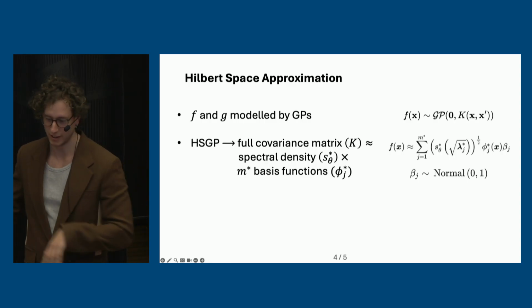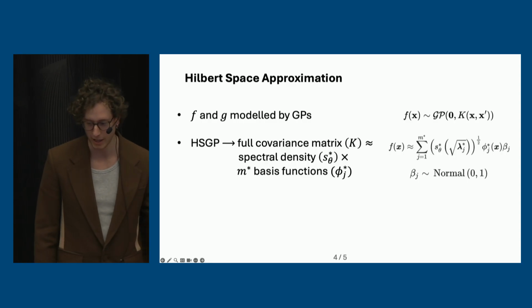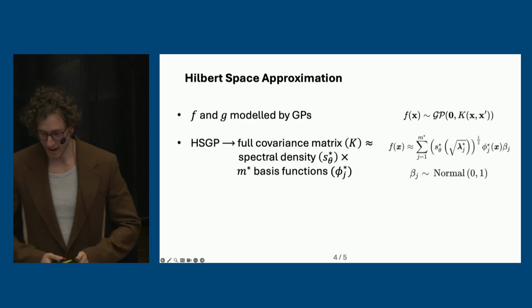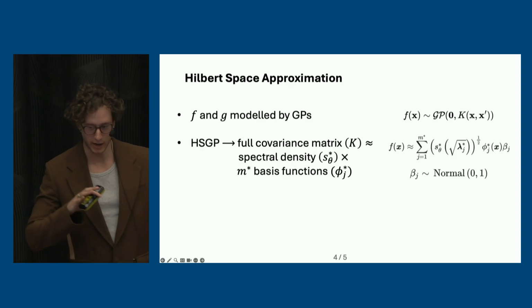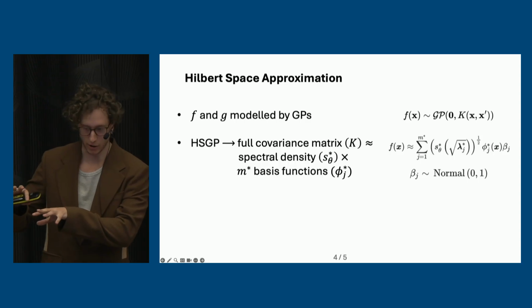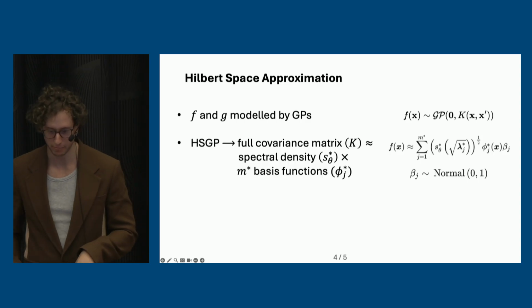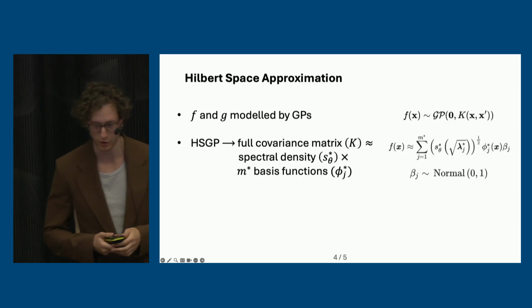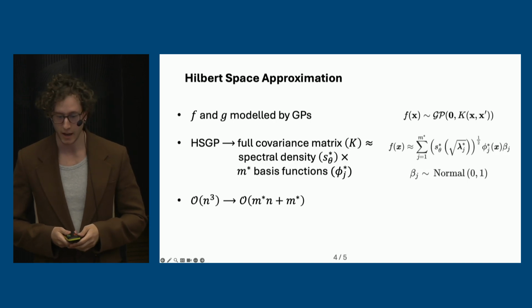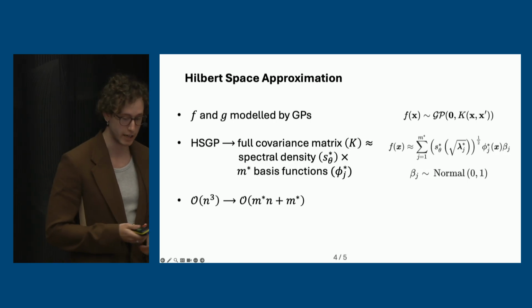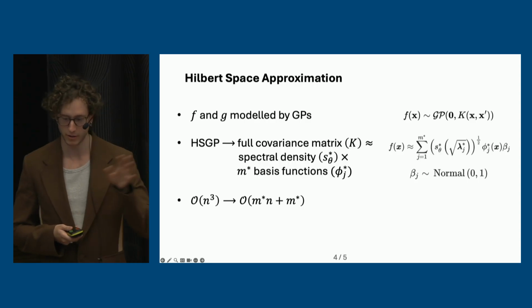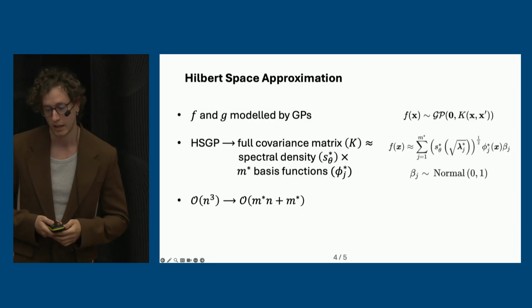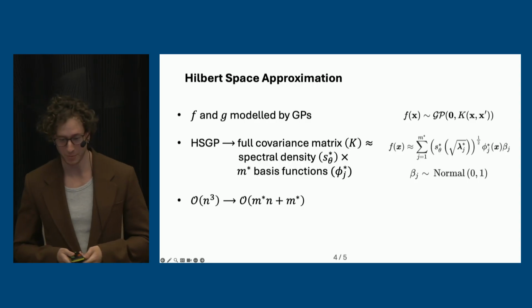There's a lot of math involved here, with Laplacian operators and eigenvalues, but basically we're approximating this full K with a much easier to calculate Hilbert space approximation. The main benefit is that instead of scaling as n cubed, it scales as the number of basis functions times the number of data points plus the number of basis functions, which is not an insignificant speed up.